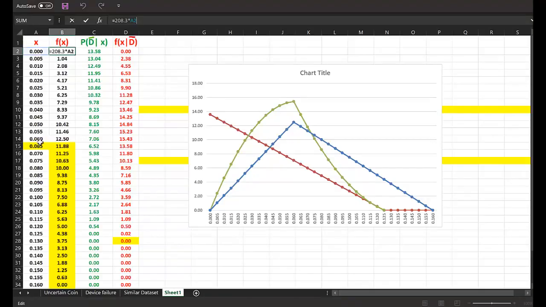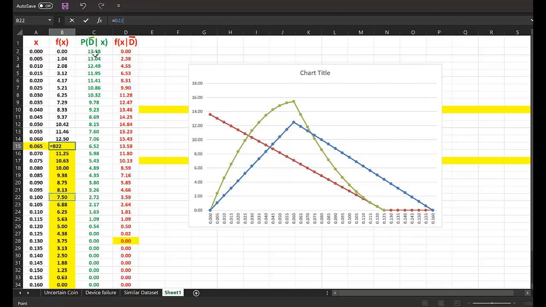So after this, I have to change my function. This function is 20 minus 125 times A15, that is x. So now we have calculated f(x), that is the prior distribution.